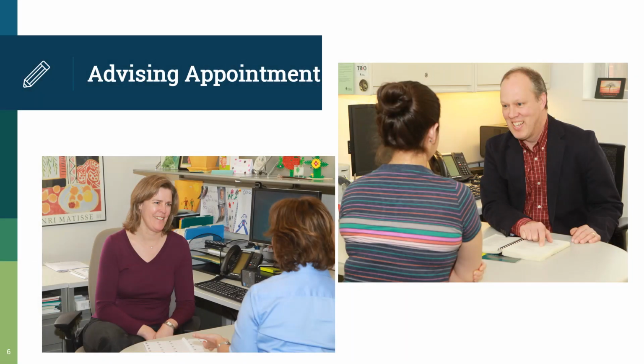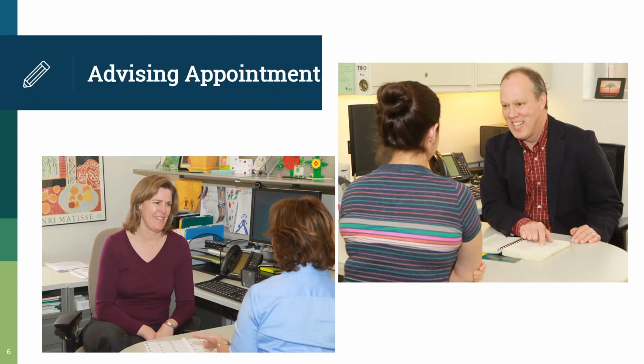Now, step 3, the advising appointment. Advisors are meeting with students virtually via Google Meet, either by phone or video, or in person for a 30-minute appointment. During this appointment, the advisor will really want to get to know your student, understand what their goals are, what their academic aspirations are.